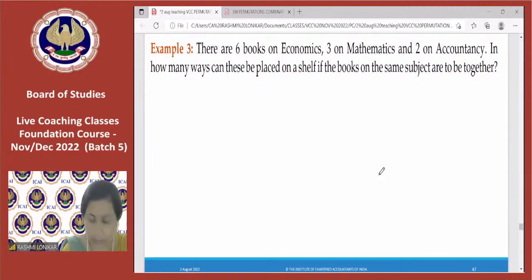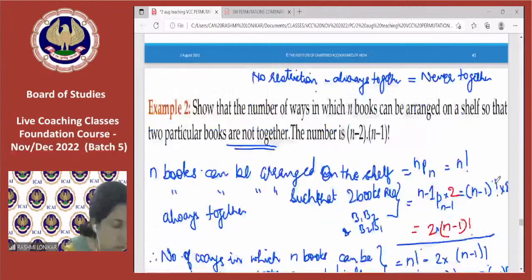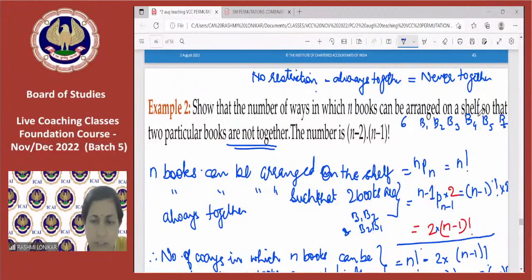Vagdevi, why do we take n minus 1? See, suppose I had 6 books: book 1, book 2, book 3, book 4, book 5, and book 6. Now suppose B5 and B6 will always be together.